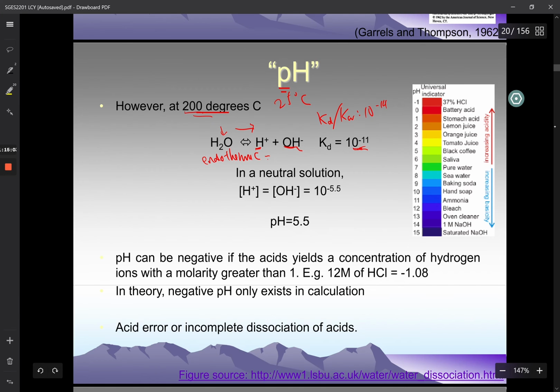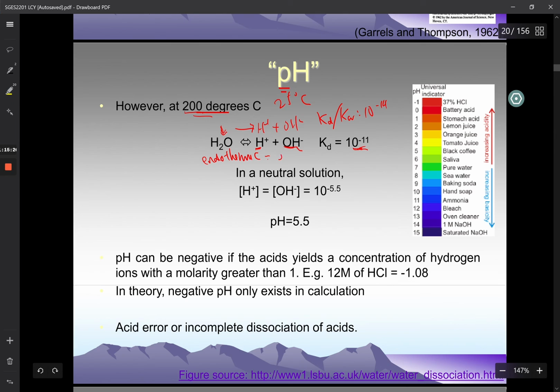To break the bond of H2O and dissociate it to form freely available H and OH, you need to absorb heat. So this process is endothermic.